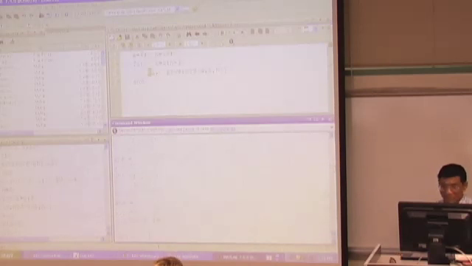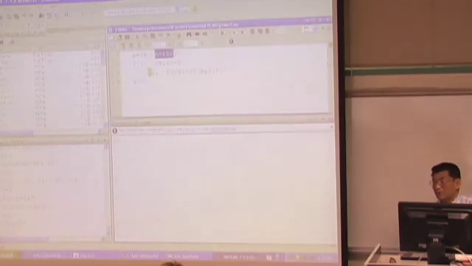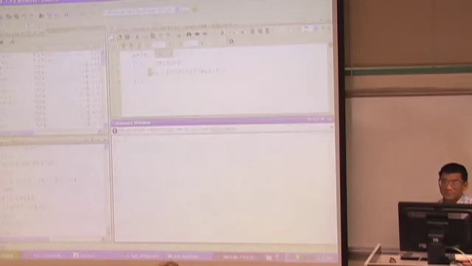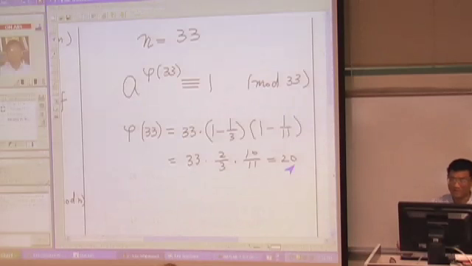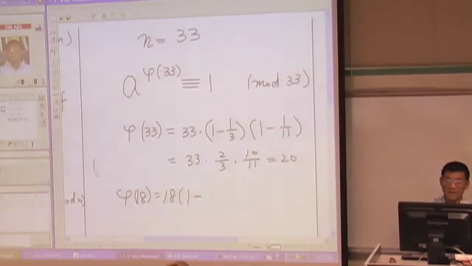So as you saw, a primitive root may not exist for a given number n. You chose 33. For 33, a primitive root doesn't exist. So let's run it. First of all, I will calculate phi of 18. Phi of 18 is equal to 18 multiplied by 1 minus, what is the divisor? 18 equals 2 times 3 squared.